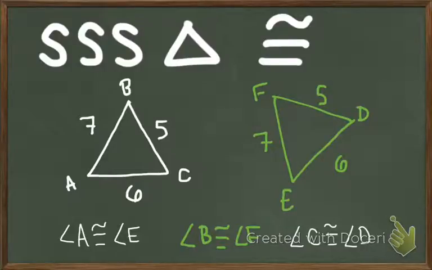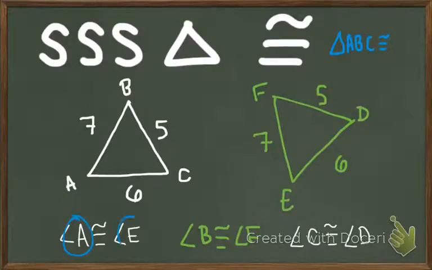Another thing I might ask you to do is find a triangle congruence statement. That means if I would say triangle ABC is congruent to, and now you need to match everything up.